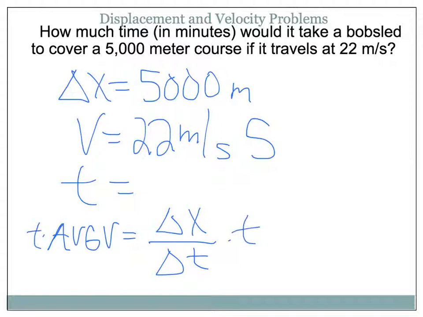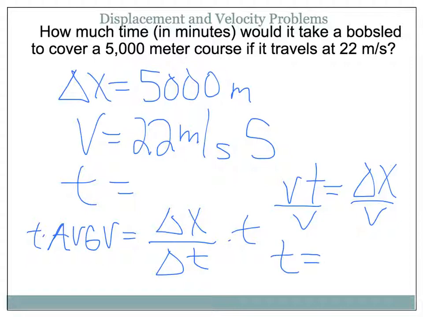And when I do that, I get vt equals delta x. And I want to isolate t, so I divide both sides by v. And the time I can calculate from dividing the displacement by whatever the velocity is. So what is the displacement? The displacement is 5,000 meters.